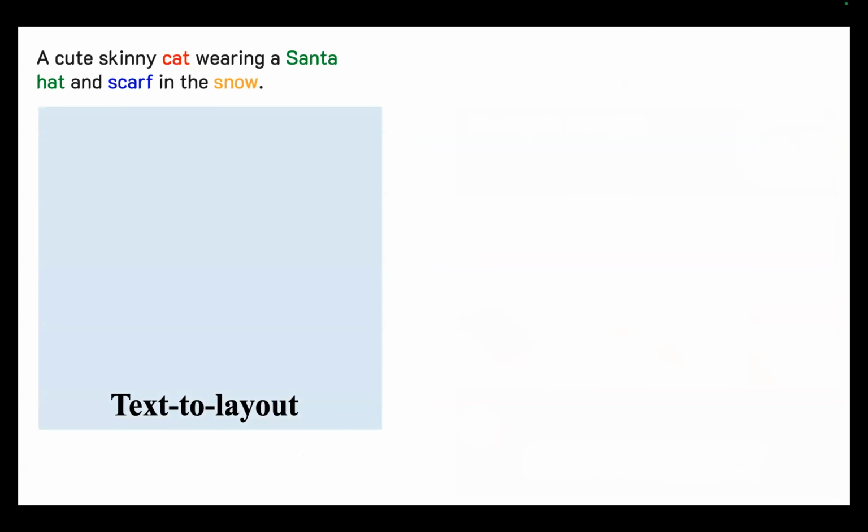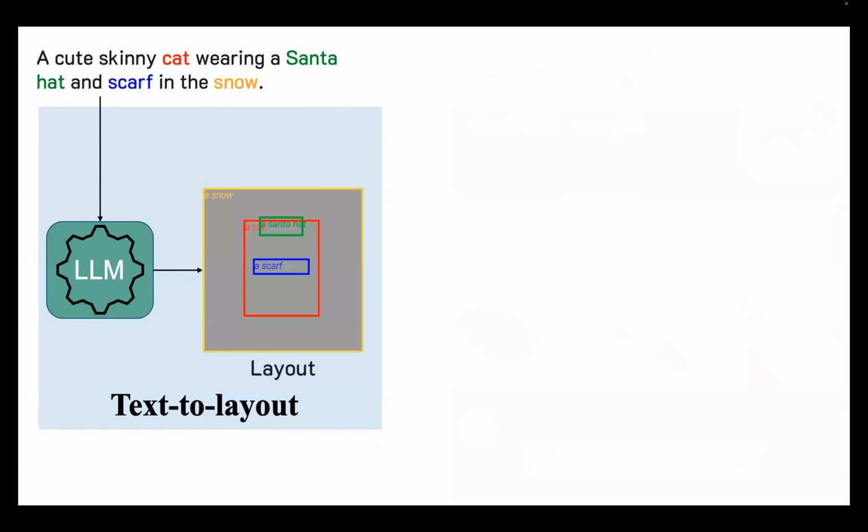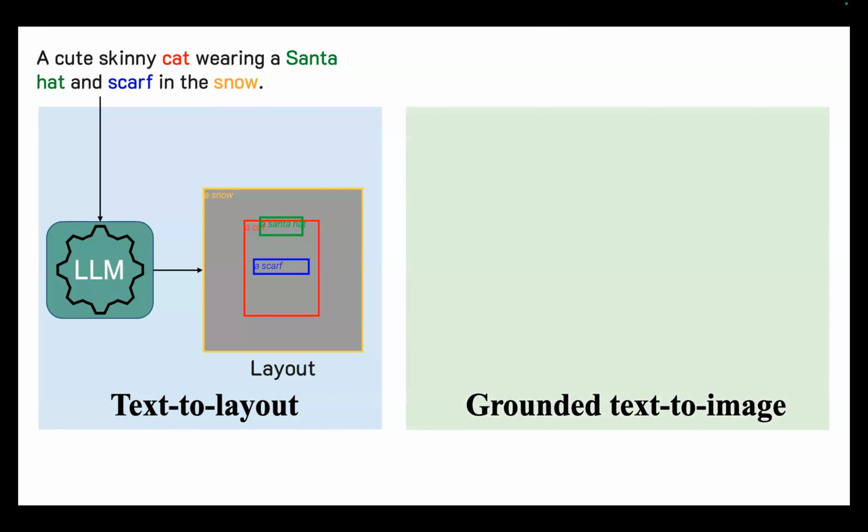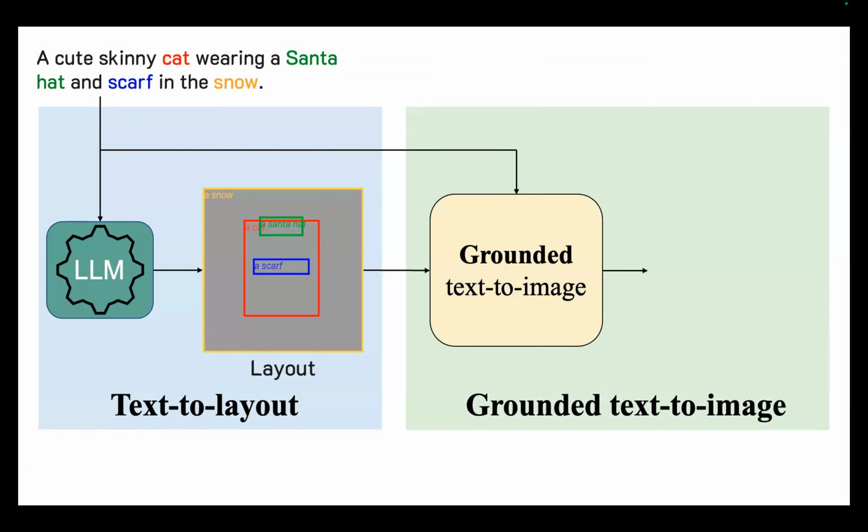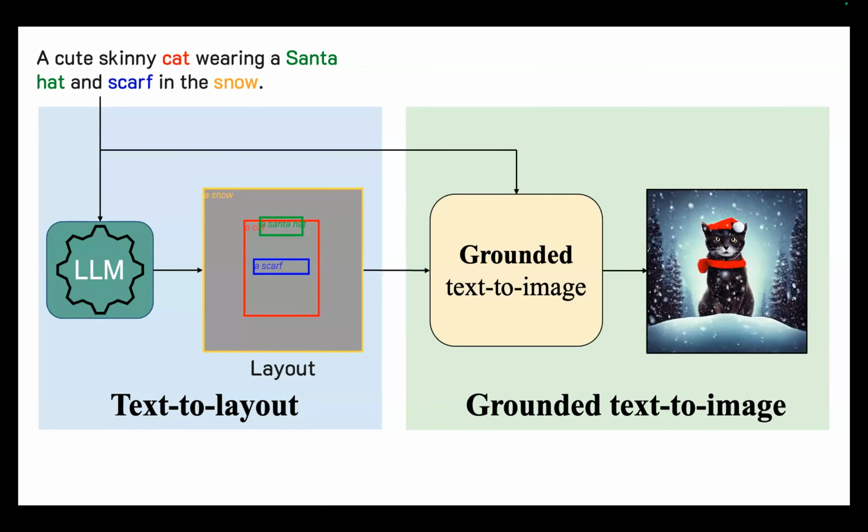I first have a large language model generate the visual layout: I take this text and ask the model for the layout of the object entities. You can use this layout to ground the generation so that you get better aligned image generation.